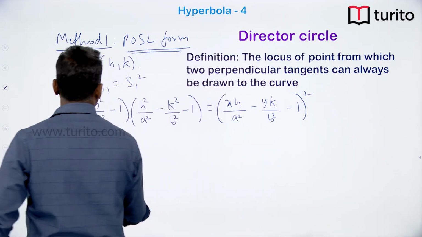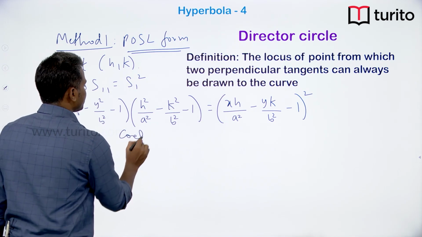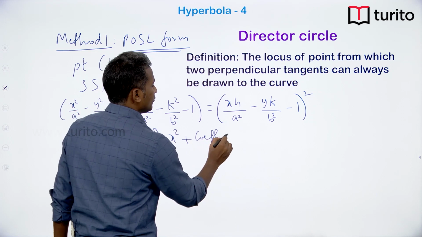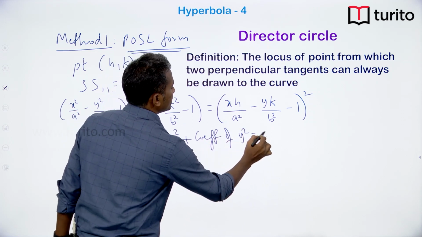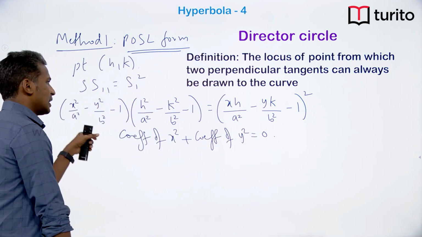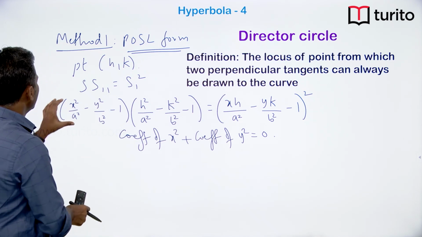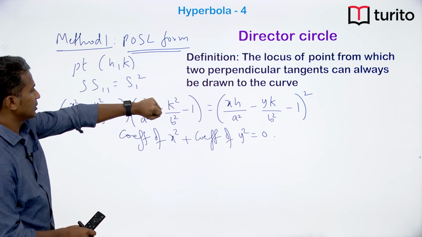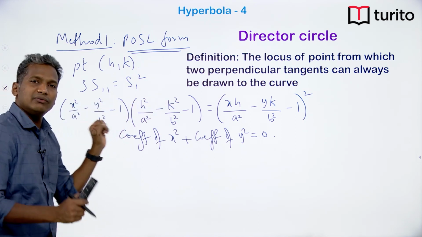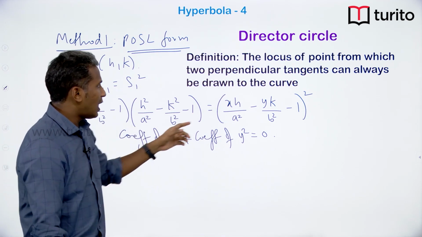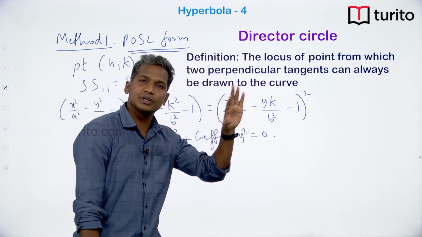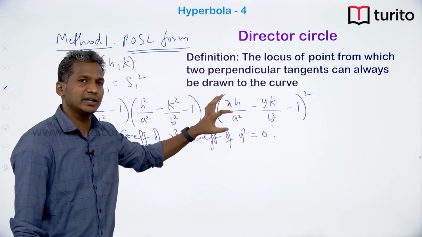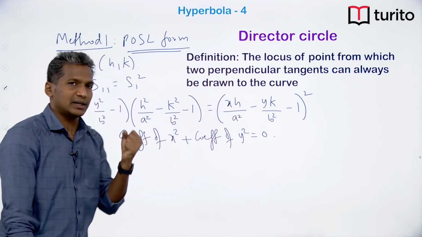So what do we do here? We only collect those terms. So we want the coefficient of x square plus the coefficient of y square to be 0. So let us collect all the terms. Now here when there is this x square term, when this term multiplies this entire constant, because this S11 is constant, then we will get x square here, and here when we apply a plus b plus c whole square, when I am squaring this first term, only then I will get the x square. So I will collect only x square like that. Okay.